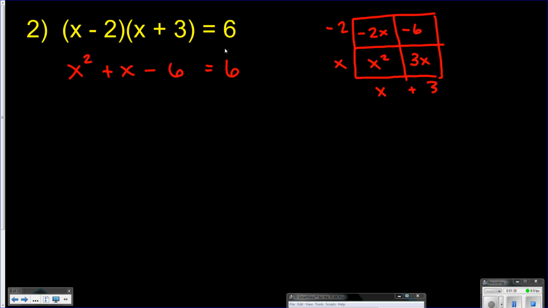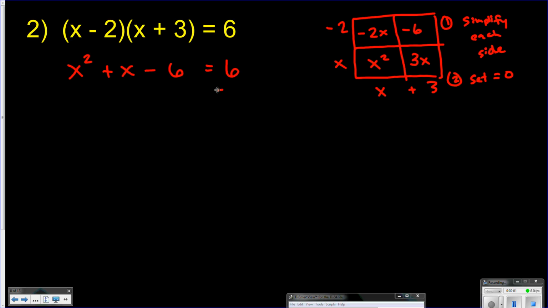The second step, remember, is to take it and set it equal to 0. So we've simplified each side. Our second step was to set the equation equal to 0. So we're going to have to get rid of this 6.